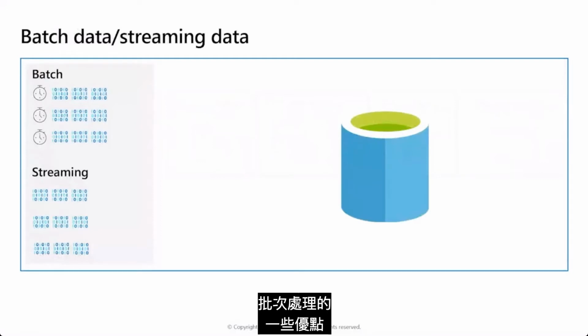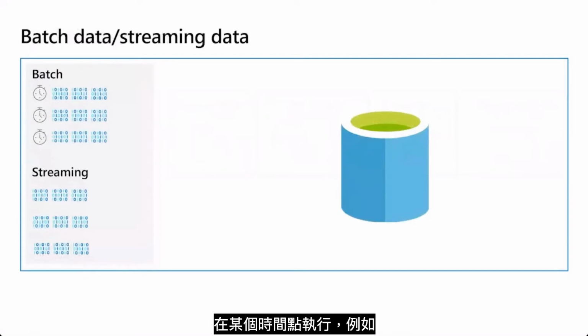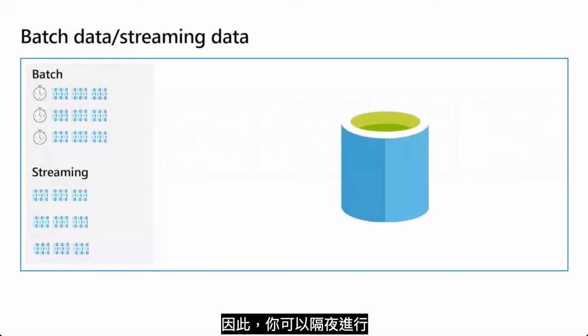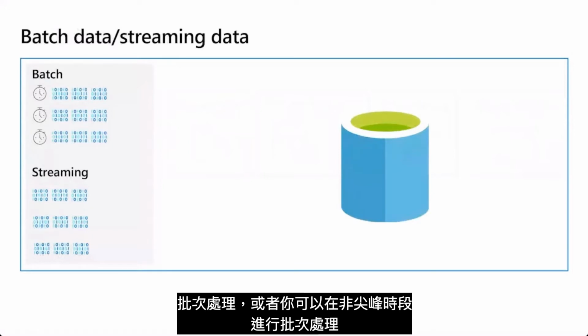Some of the advantages of batch processing is that you can process large volumes of data at a convenient time. And so you can schedule that run at a time when, for example, your computers or systems might otherwise be idle. So you can batch process overnight, or you can batch process during off-peak hours.